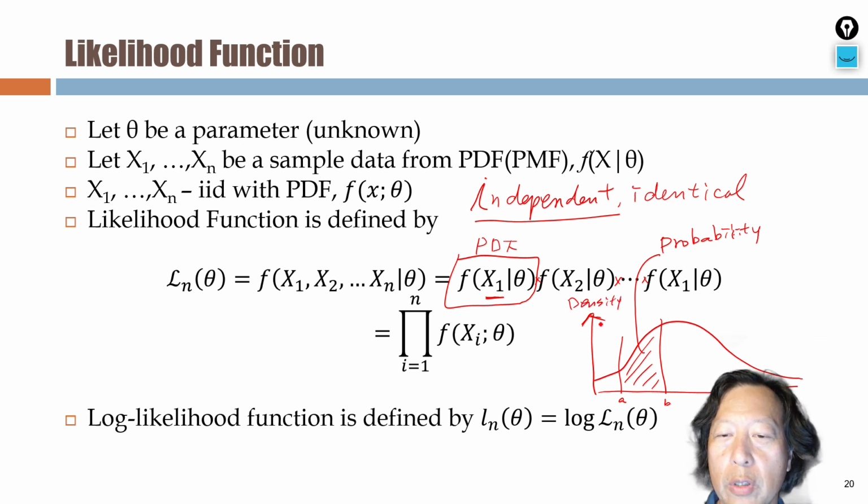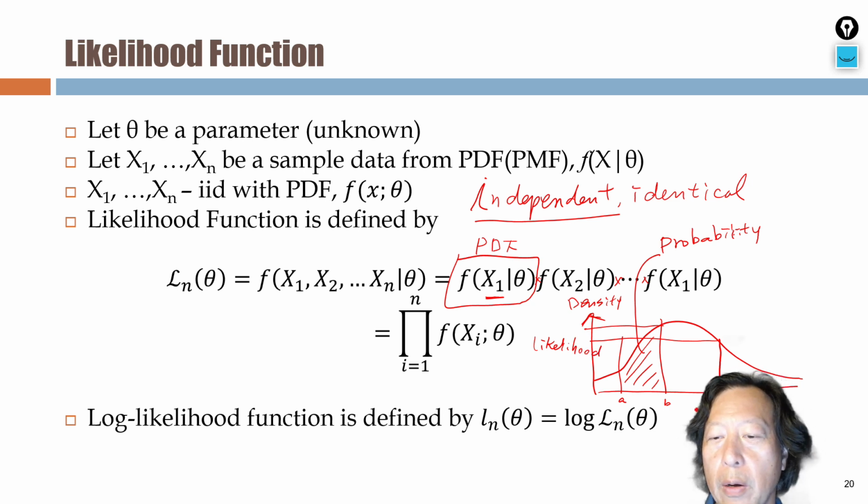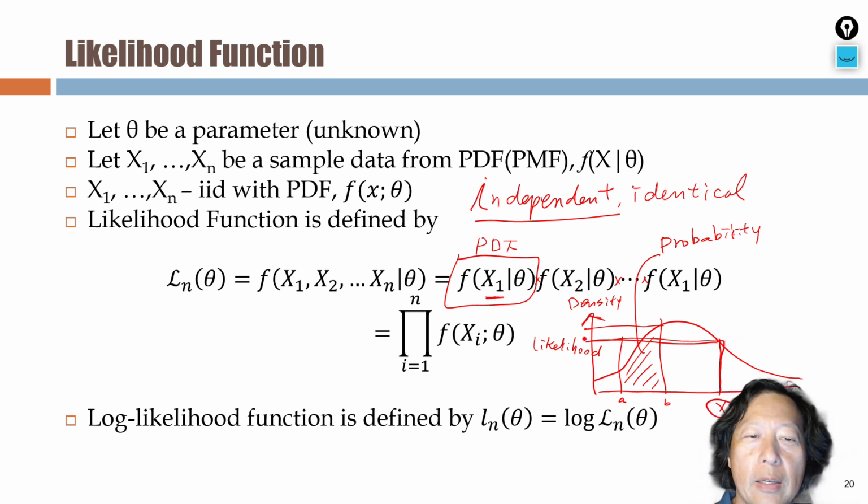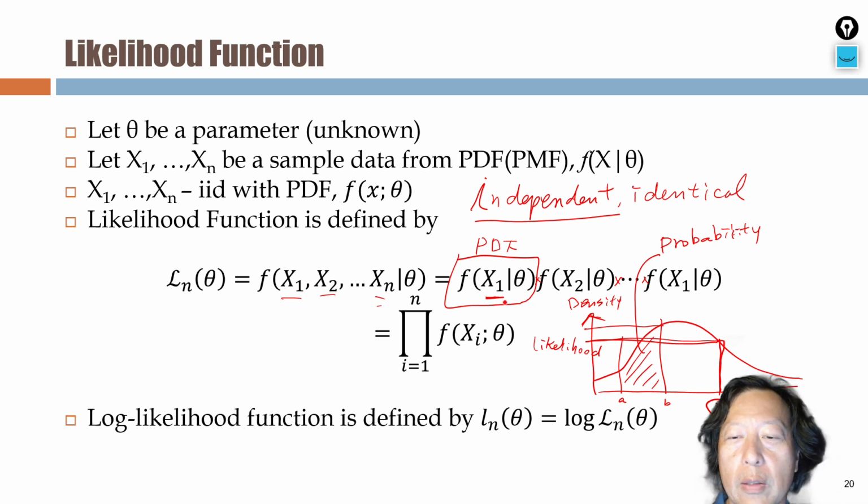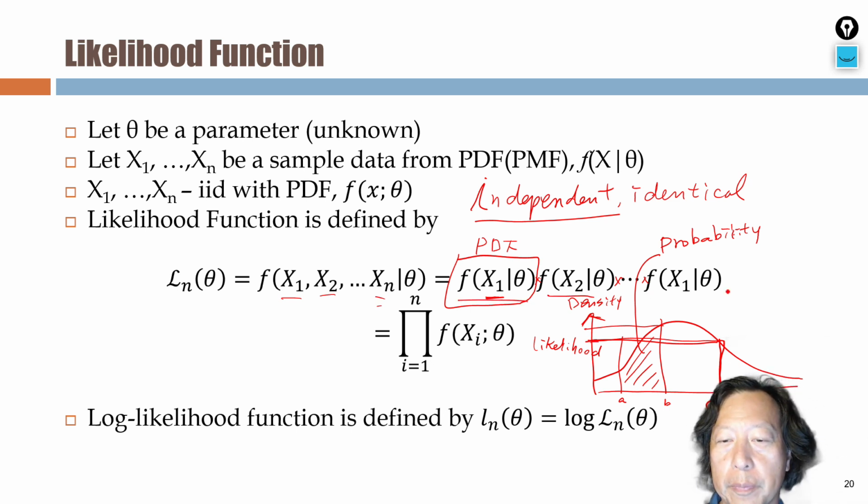But if x is given, we will use this y value as our likelihood. So when one observed value is given, we can find the likelihood, and since we have multiple observations, we can multiply the likelihood of each observation.